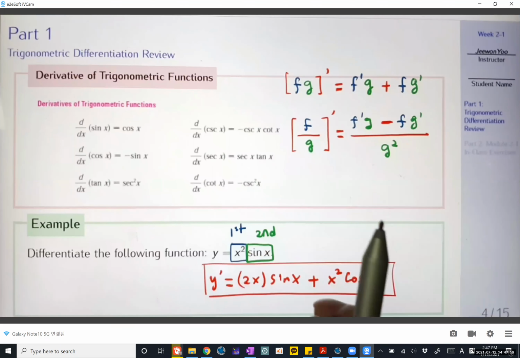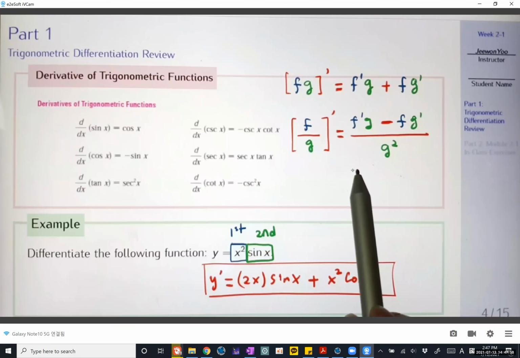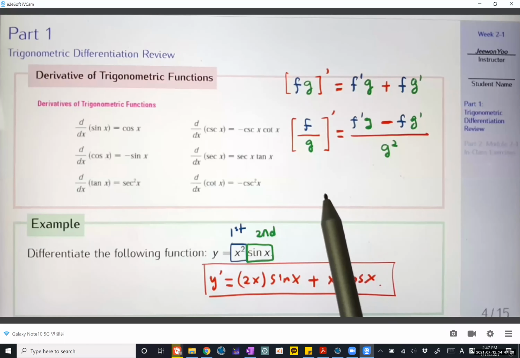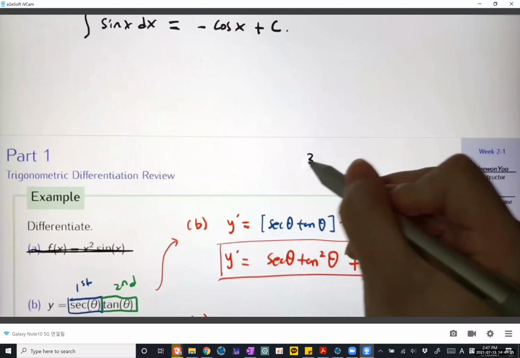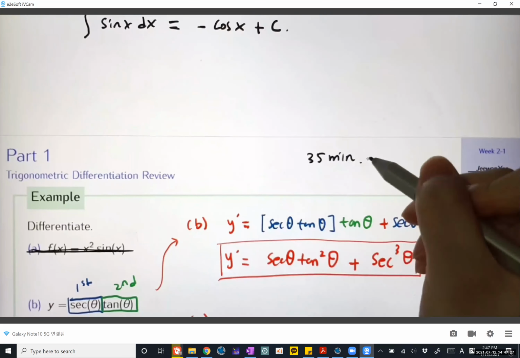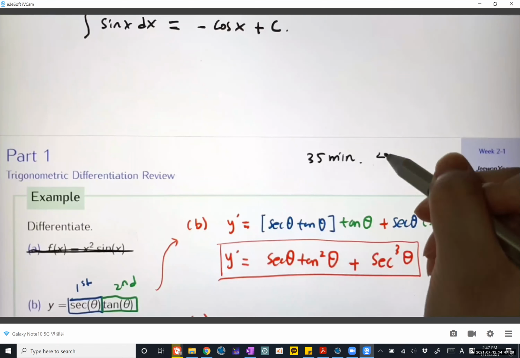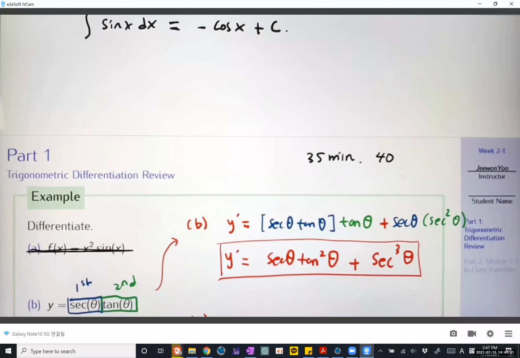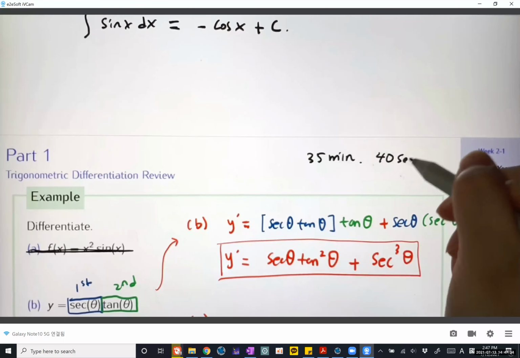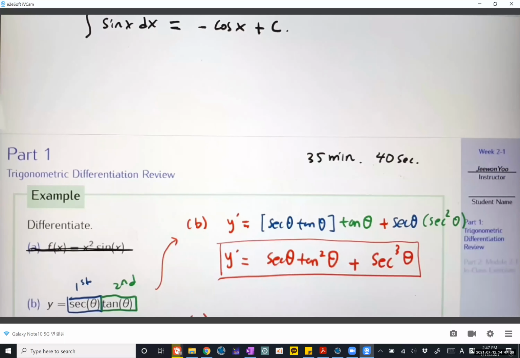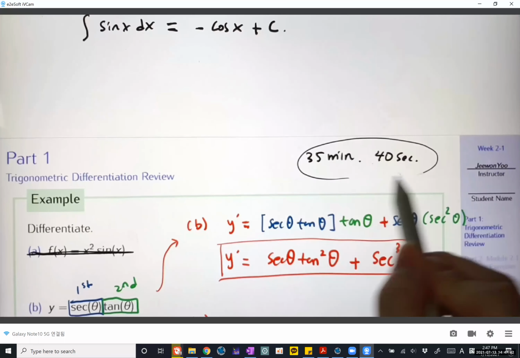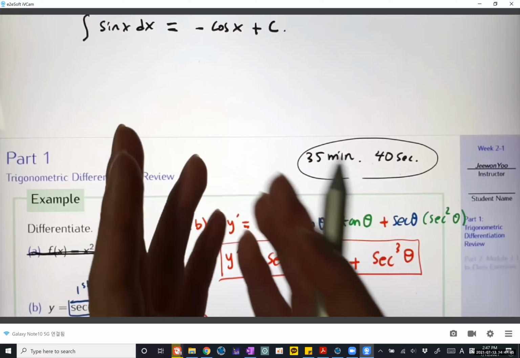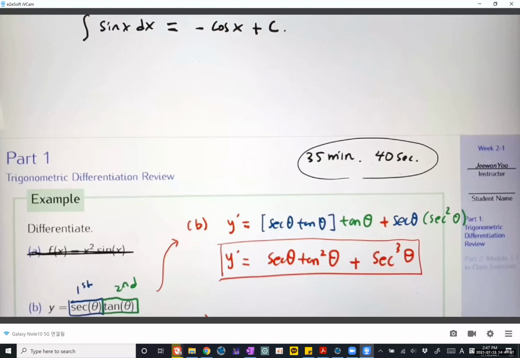Haley, it's the 35 minute mark, about 40 seconds, so 35 minutes and 40 seconds. I'm going to give you the screenshot of the problem and attach it to your email. So I'll send it to you today.